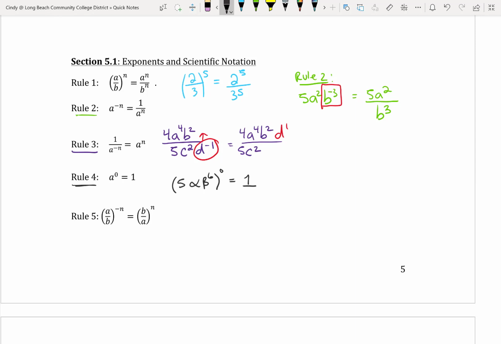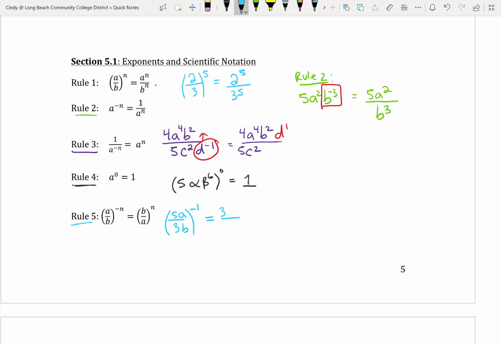Okay. And for our last rule, rule number 5, it's just saying, hey, if you have a fraction and everything's in parentheses to a negative exponent, then what you can do is you can actually just flip everything on the inside. For example, if I have 5a over 3b, and it's to the negative 1 power, then instead of distributing everything, I can just flip everything.